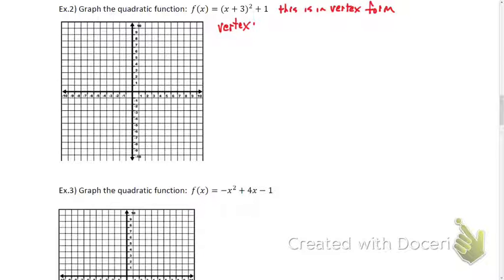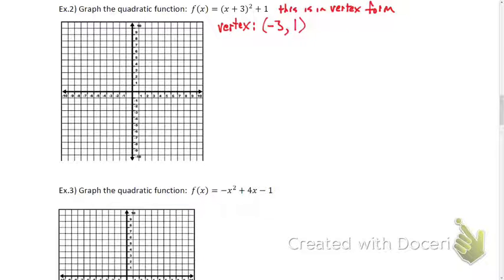No work needed. You can just write it down. So I see a 3 where the h is on the previous slide. And remember, it says x minus h in the formula, so it's negative 3. And then it's just k, so positive 1. So whatever's in the parentheses, you need to flip the sign, and that's the x value.